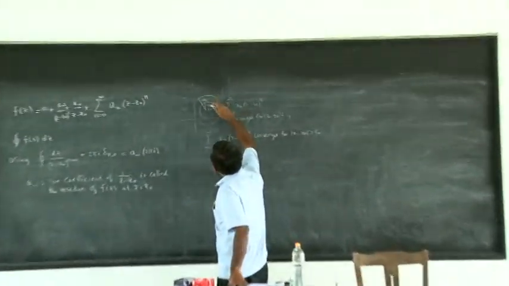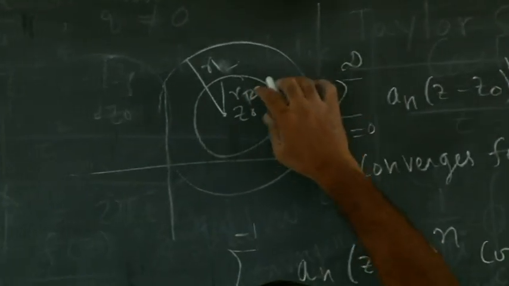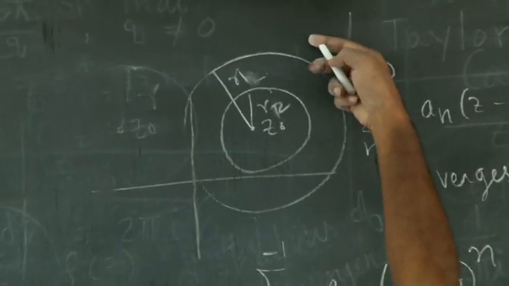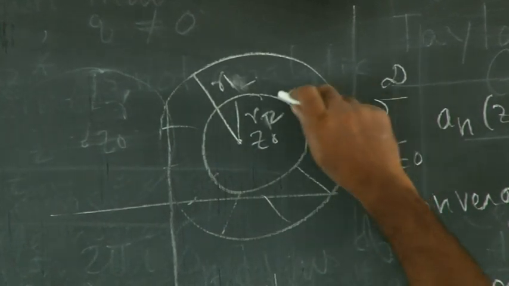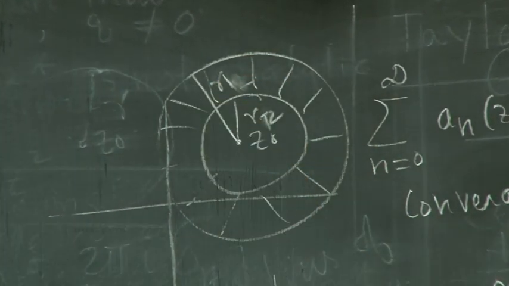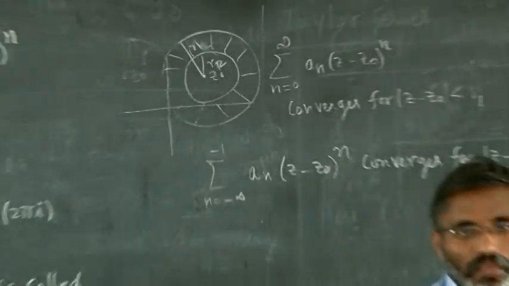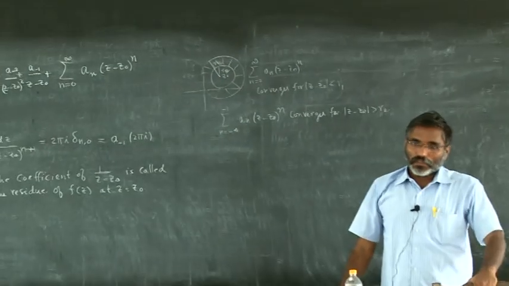So that means the negative series will converge beyond this, and the positive series will converge inside this. So in the annular region, both will converge.